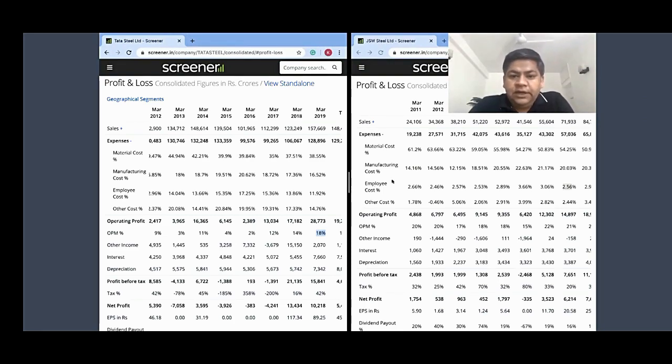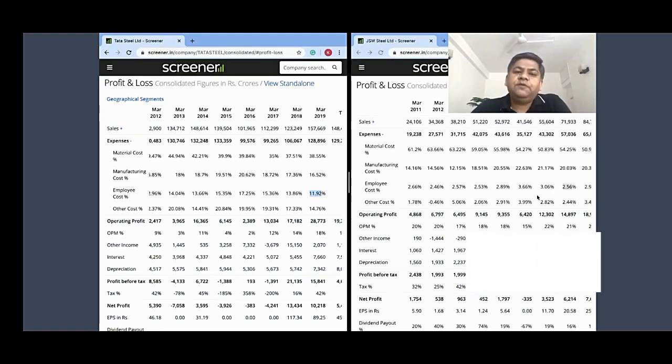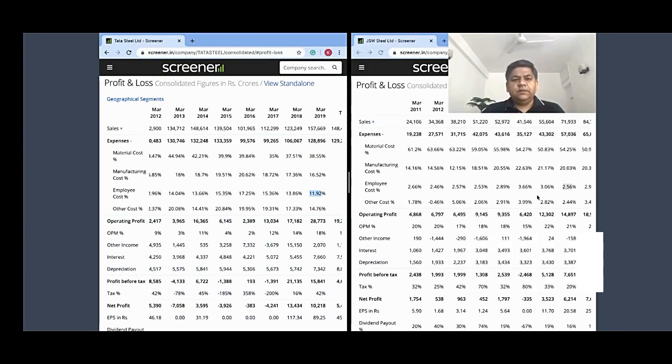Now, if only the employee cost difference is around 9.5%, it will bring down the profitability like anything, because these companies work on a very small margin of profit, right? So now, even if there was a confusion that Tata Steel has better OPM in India, why its share price has not grown like JSW Steel, this is one of the reasons.